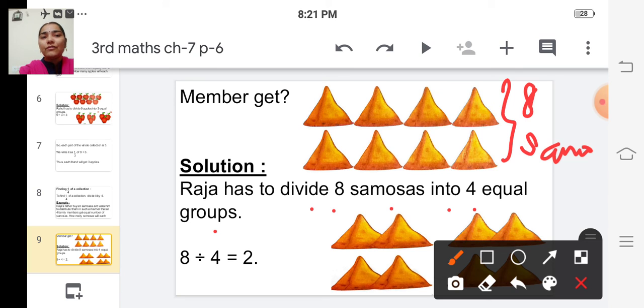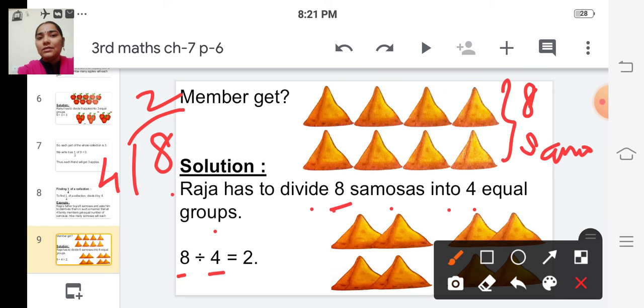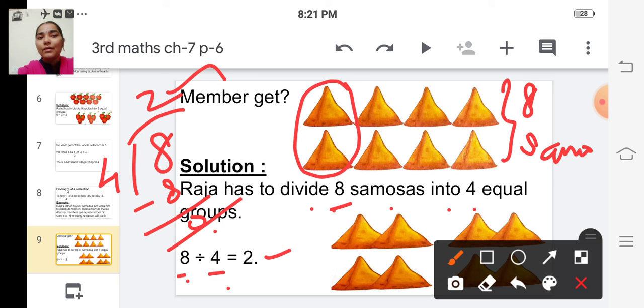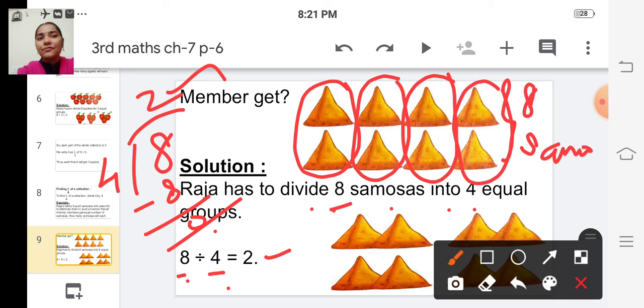So he has to divide 8 by 4. 8 by 4 is 2, 4 2s are 8. So 8 divided by 4 is 2. So this for one member and this for the second member and this for the third member and this for the fourth member. So each member of his family will get 2 samosas.